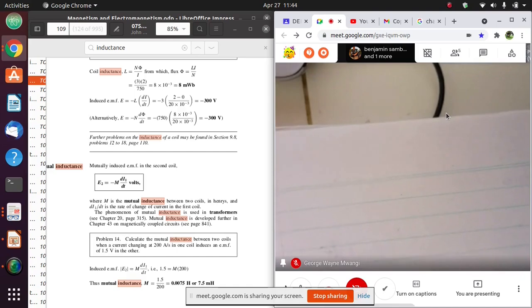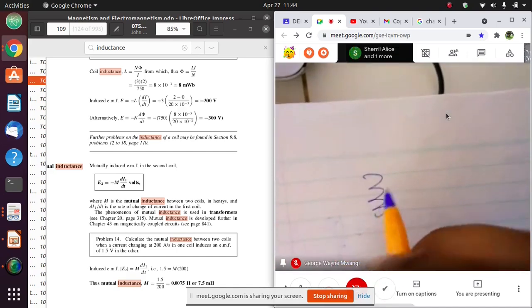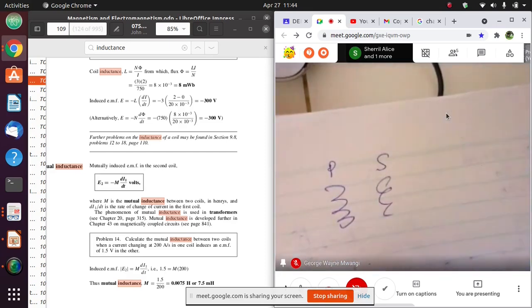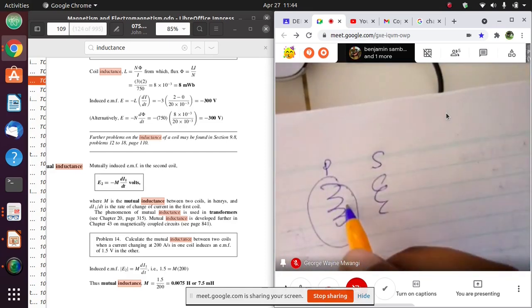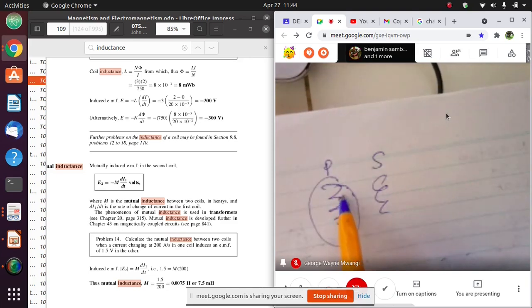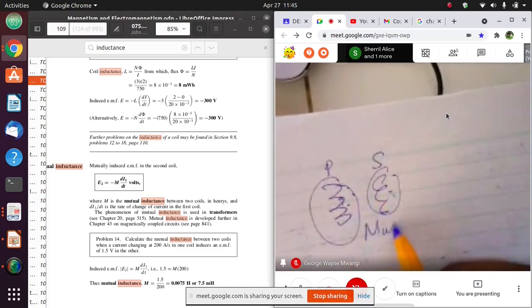Now, when you have a change in current which causes a change in the magnetic field, which induces EMF in one coil, for example, let's say this is a transformer. We have the primary coil here and we have the secondary coil. The change in current in this coil causes a magnetic field which induces an EMF in the second coil, then this is known as mutual inductance. Are you together?